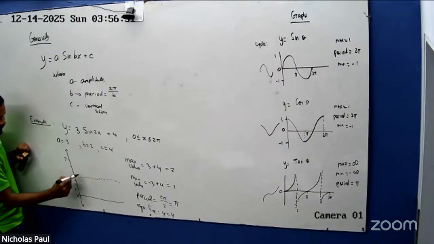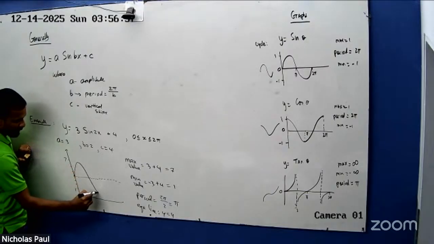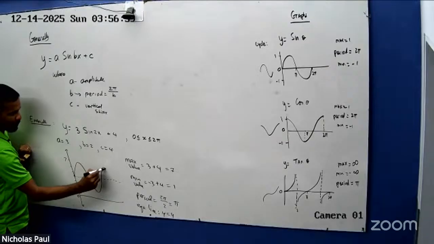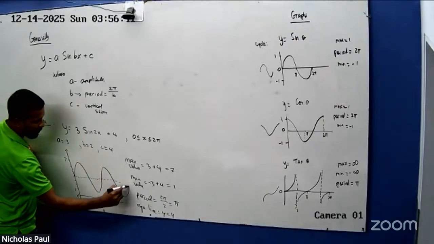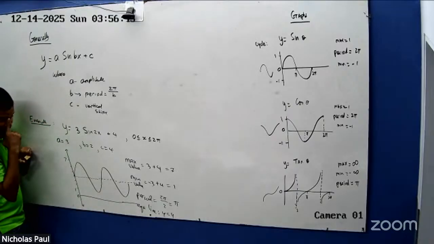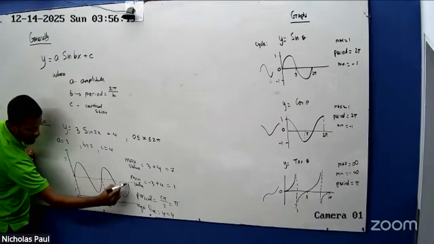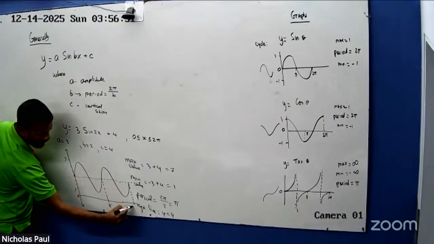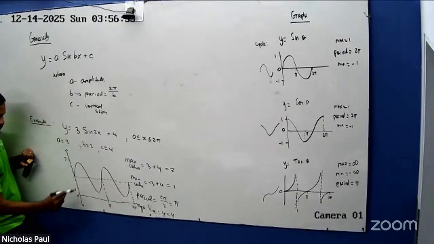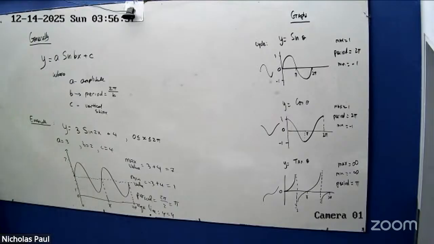That tells me that my graph will start here, go up to 7, come back to 1, go back up. So my completed graph looks like this. This value here, pi. This value is 2 pi. That's the final graph. All right.